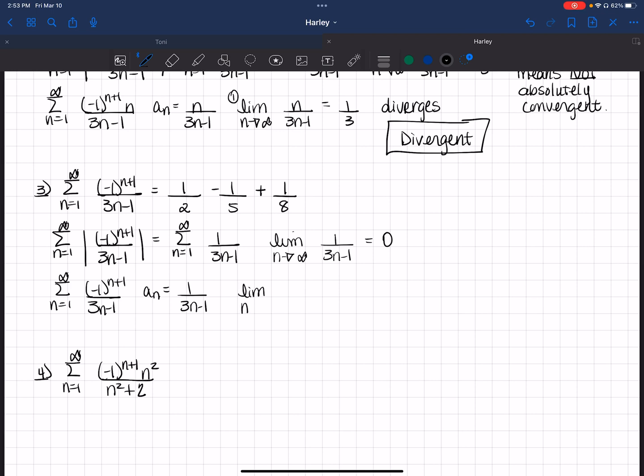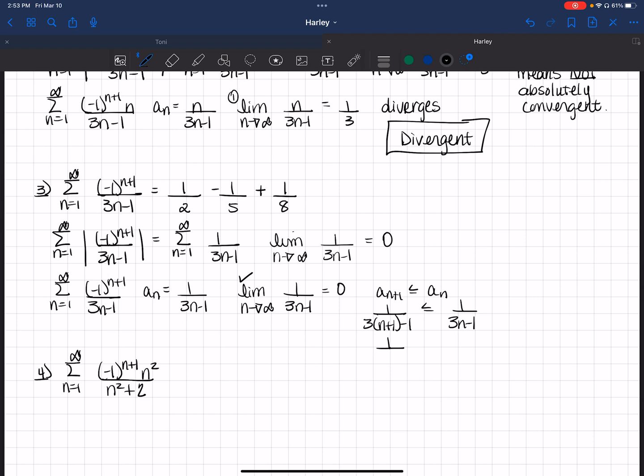Of course, we have the limit as n approaches infinity of 1 over 3n minus 1, which we know equals 0. Our other one is, will a sub n plus 1 be less than or equal to a sub n? So that says, will 1 over 3 times n plus 1 minus 1 be less than or equal to 1 over 3n minus 1?